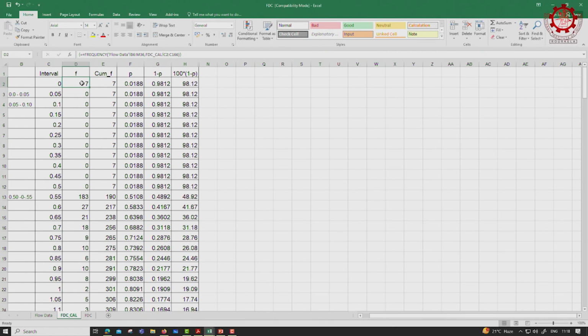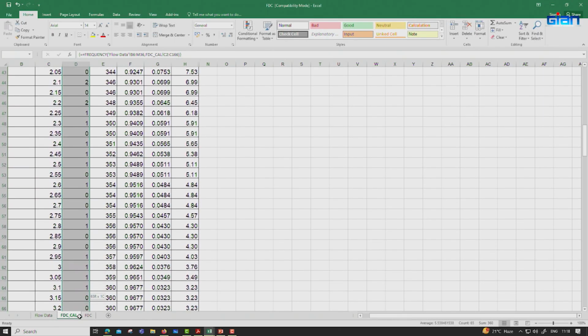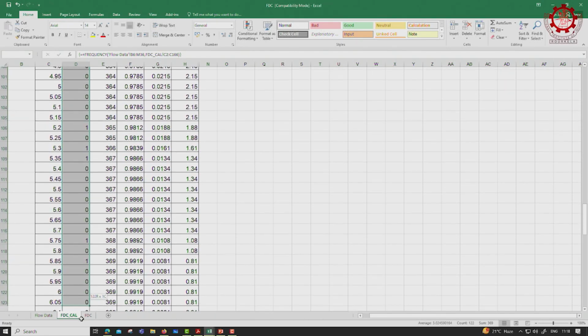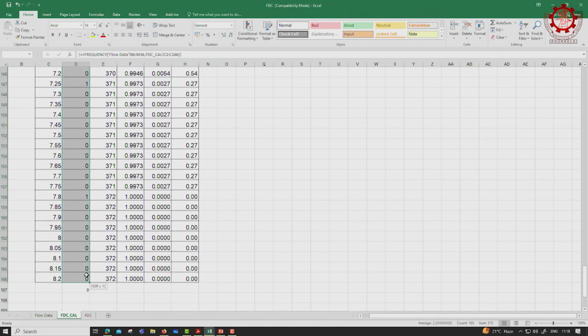When I go to this cell, I will select the entire range here, the range of class intervals I have selected. You can see the class intervals I have selected up to 8.2, that is 8.15 to 8.2, also the last class interval.